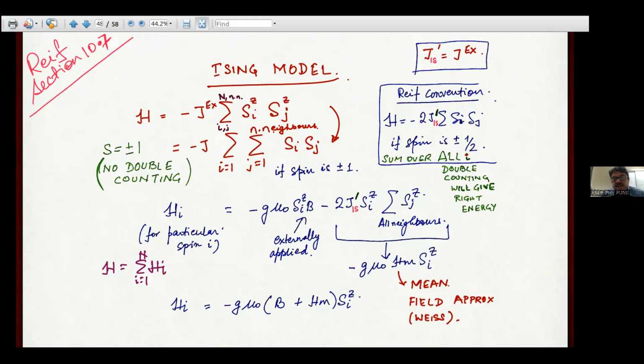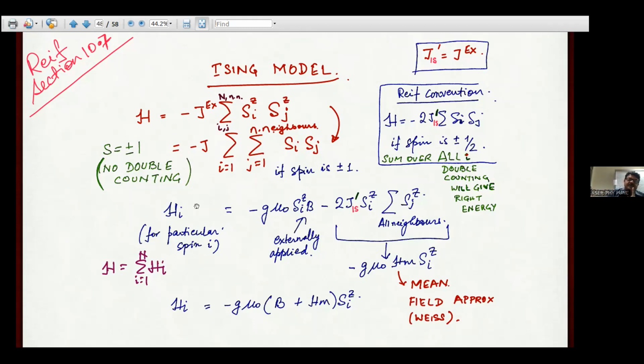Minus 2J', just to remind you, J' Ising is the convention we are following. These spins can take plus half and minus half values, and each spin is interacting with all its neighbors.